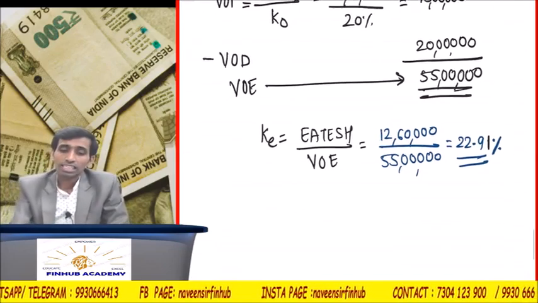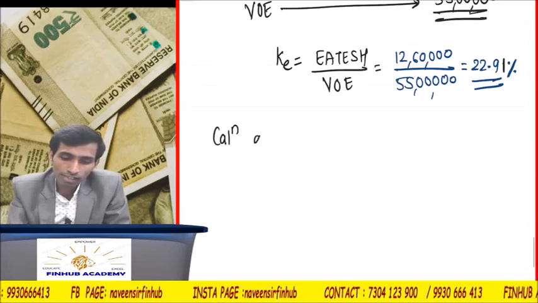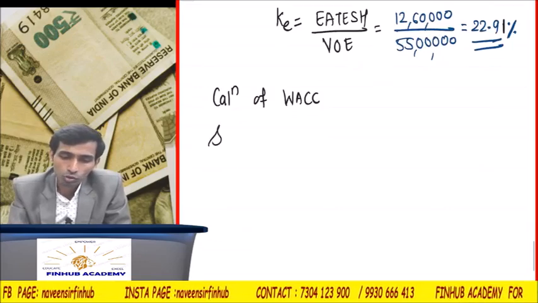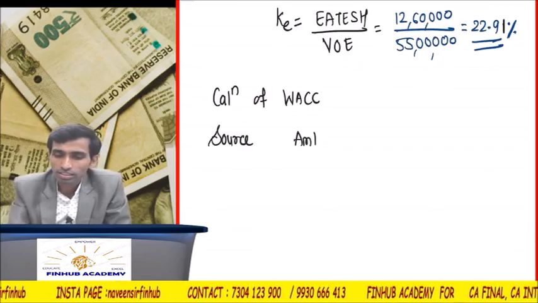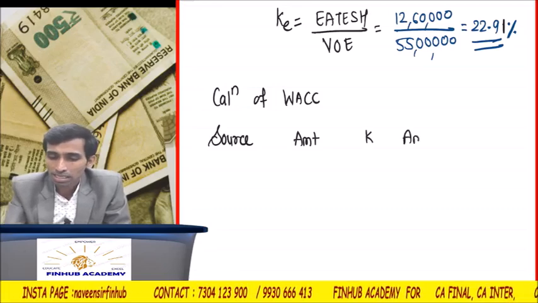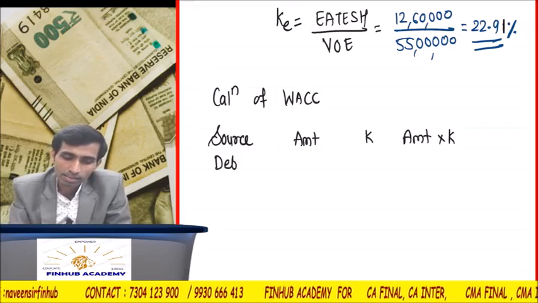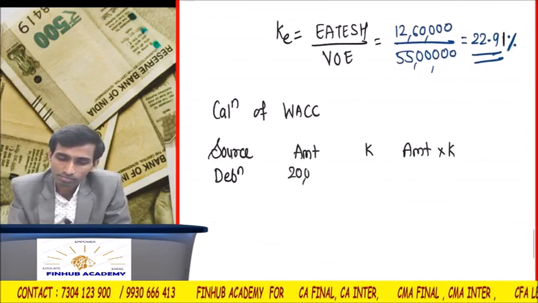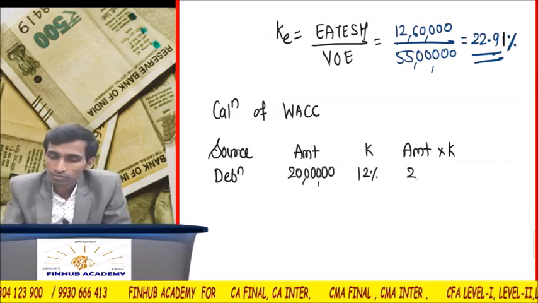Next, listen. Calculation of WACC. They have asked us to calculate it. Source, amount, K, amount multiplied by K. Debt, debenture, 20 lakhs, rate 12%, that is 2,40,000.